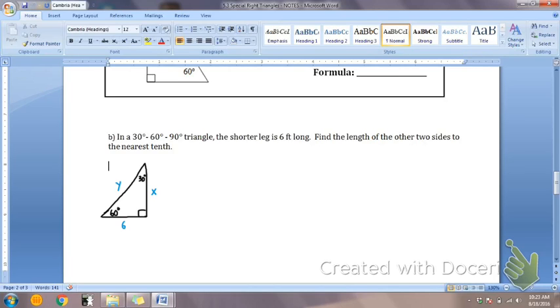So we have two formulas, but because we've been given the short leg, that's what we have to start with. And so some of you maybe need to make yourself a note. We were given the short leg, so start with the formula that has short leg in it.